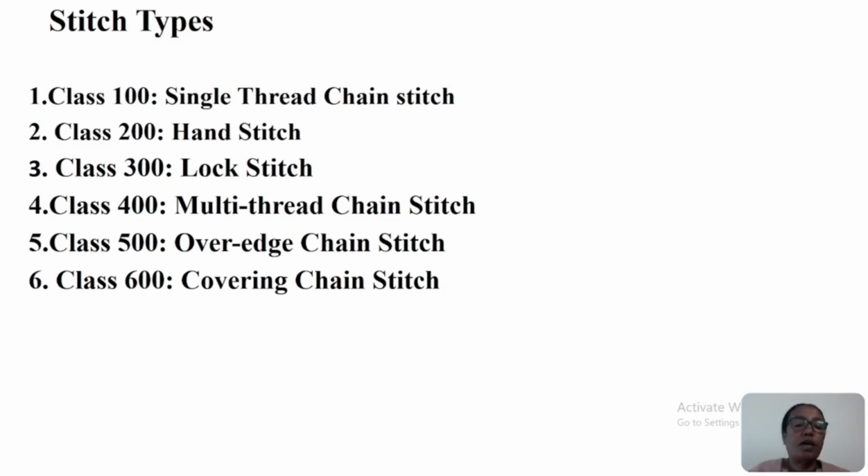Class 500, chain stitch over edge chain stitch. Class 600, cover chain stitch. This stitch type uses more than two or three needles, and also uses a needle, and the lower thread is looper and spreader.